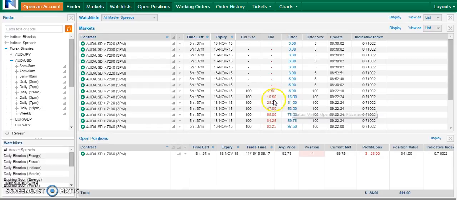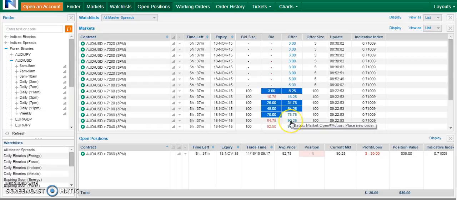In other words, right here, this $16 contract is $71.40. So you would have to move to get the $71.40. You'd have to move almost 40 ticks. So, and likewise, you could purchase a contract that was already in the money.